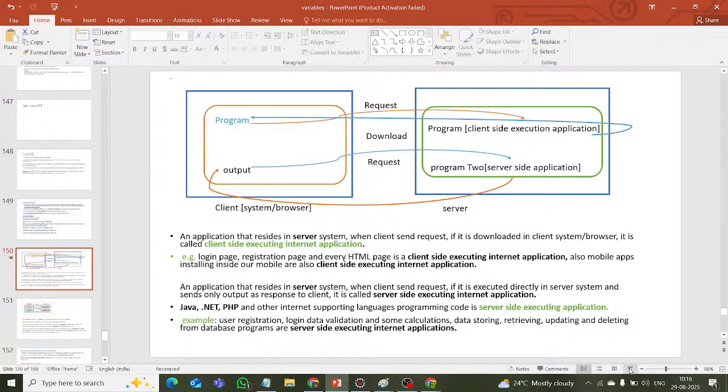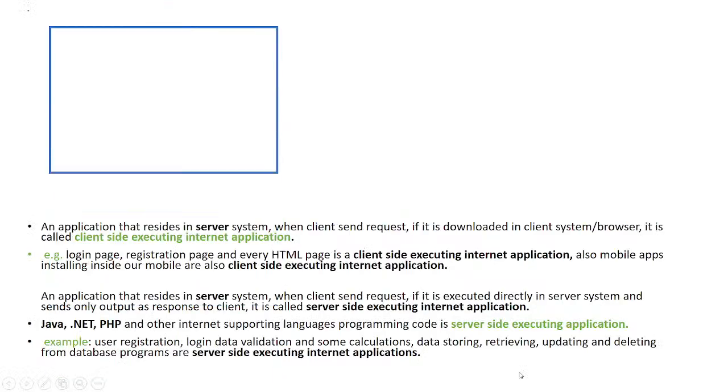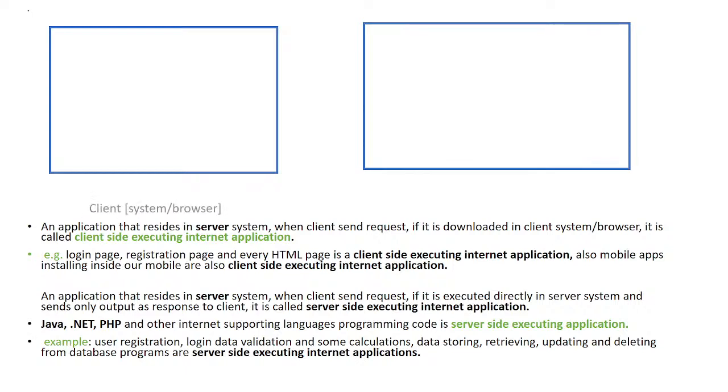Let me show this one. See now, we have two types of boxes. One is client side, one is the server side. First one, we wrote one program, like in the client only we have the program.